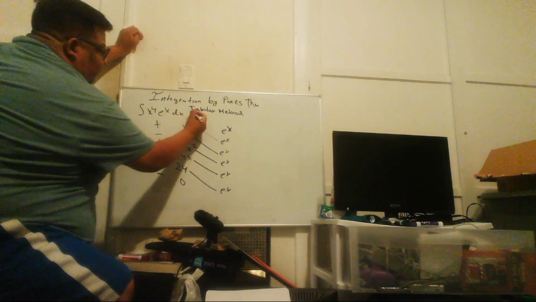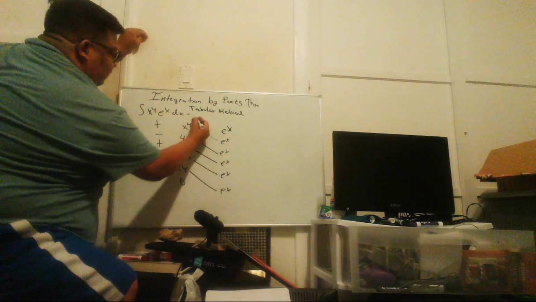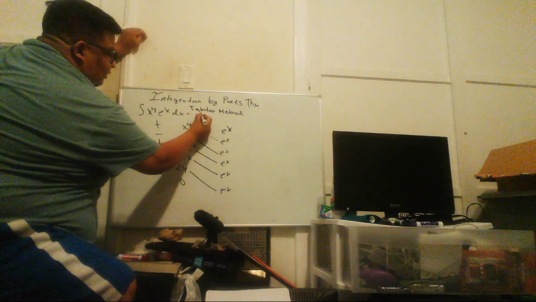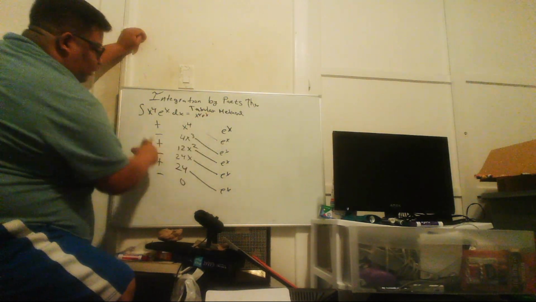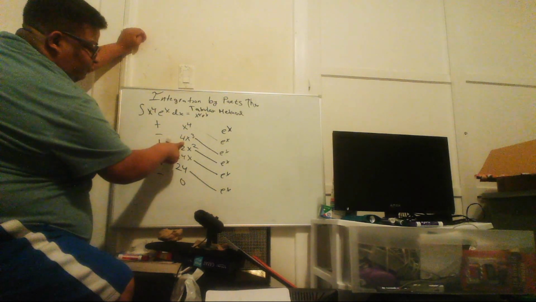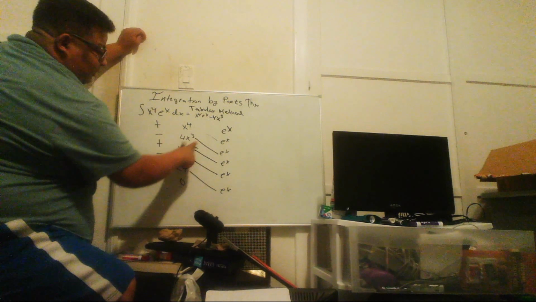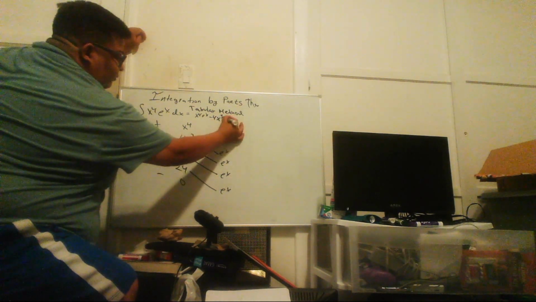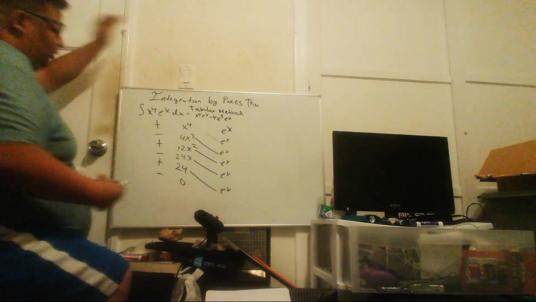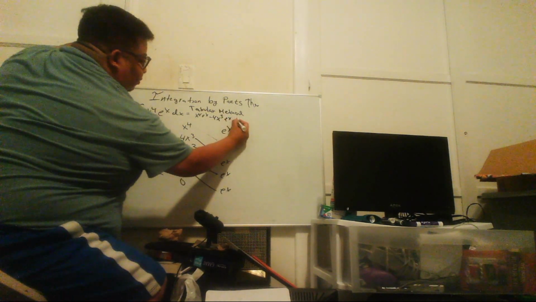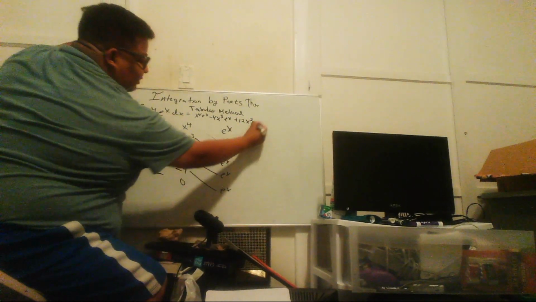Now what we find is that this integral will start out with a positive sign, so that will be positive x to the 4th, and we multiply it times this one, e to the x. Now we take minus 4x cubed times e to the x. Now we do positive 12x squared times e to the x.